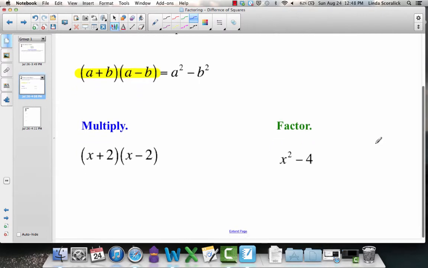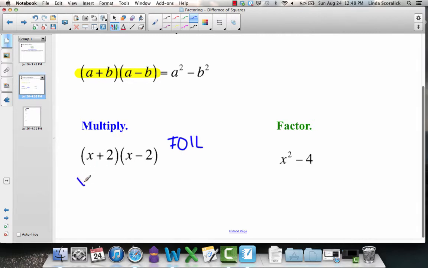Just like we did in the factoring by GCF video, we are going to take a look at some multiplication first. So on the left side of this screen, if we were asked to multiply x plus 2 and x minus 2, we would use a process that kind of repeats the distributive property twice, and the acronym that you know to remember that is FOIL. So let's FOIL these things together.